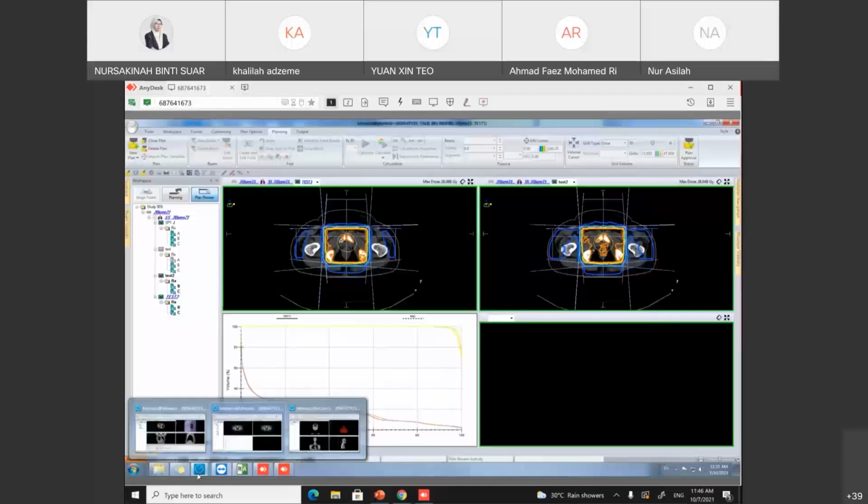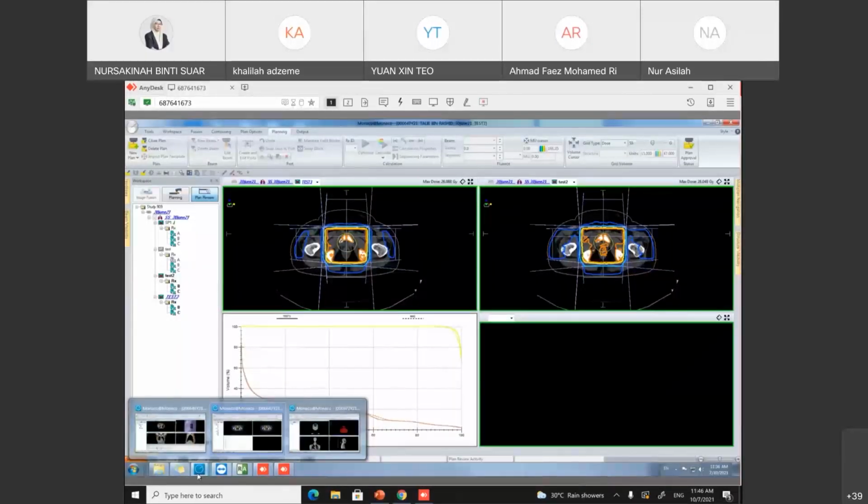But now we reduce it to 40 gray, where the radiobiology scientists found that the patient outcome is equivalent to 50 gray. So this prescription dose comes from a lot of research.